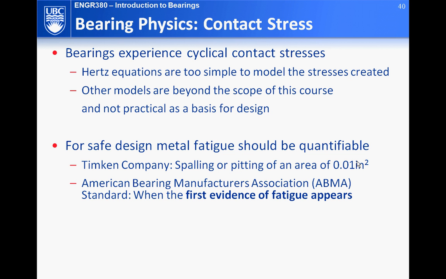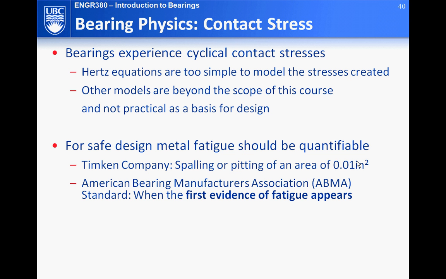So when it's subject to constant cyclic stress, the stress will eventually build up, and a certain amount of material will probably chip off. I'll show you one picture next. The other standard for fatigue failure, developed by the American Bearing Manufacturers Association, says: when the first evidence of fatigue appears.